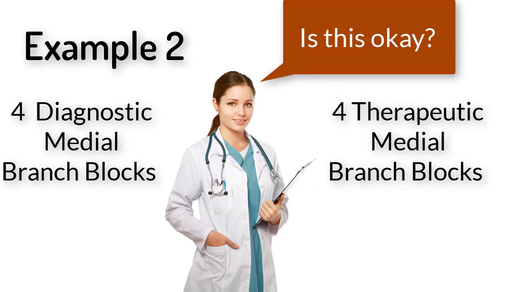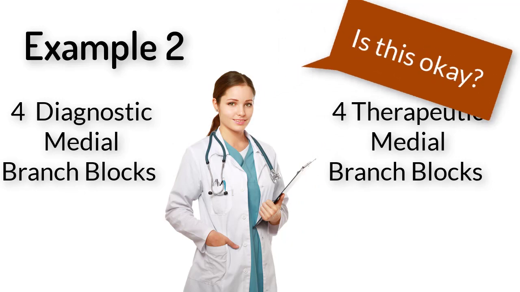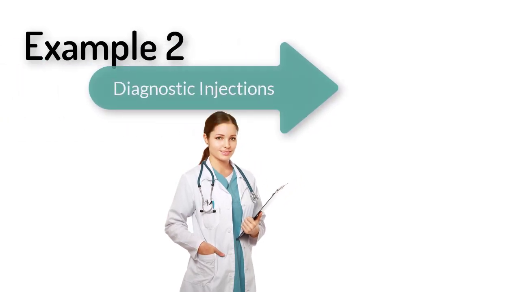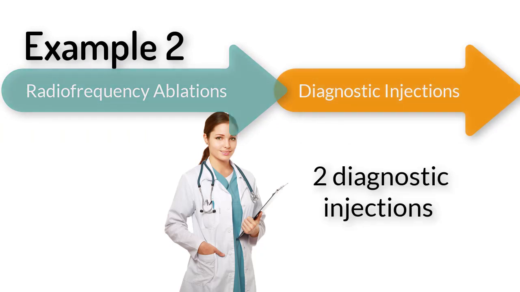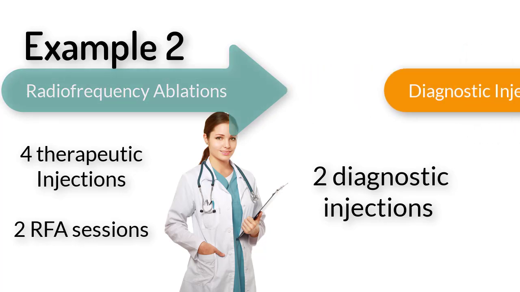While the policy does allow for 4 diagnostic medial branch blocks and 4 therapeutic medial branch blocks in a rolling 12-month period, we would typically expect the goal of the diagnostic injections to be moving to RFAs as a primary treatment goal. Typically, the patient would receive 2 diagnostic injections followed by 4 therapeutic injections or 2 sessions of RFAs in the first year.